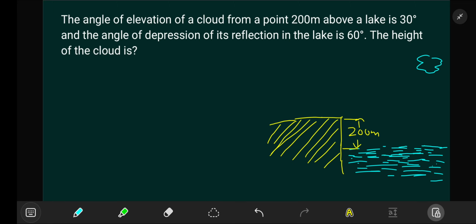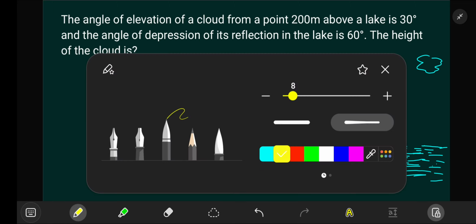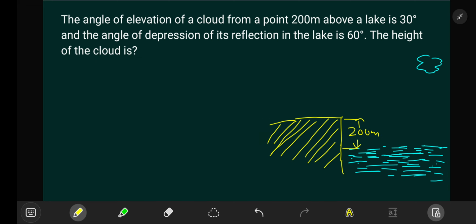Now this angle of elevation, when we see upwards, is 30 degrees. The angles are always taken with respect to the horizontal. So this is 30 degrees.